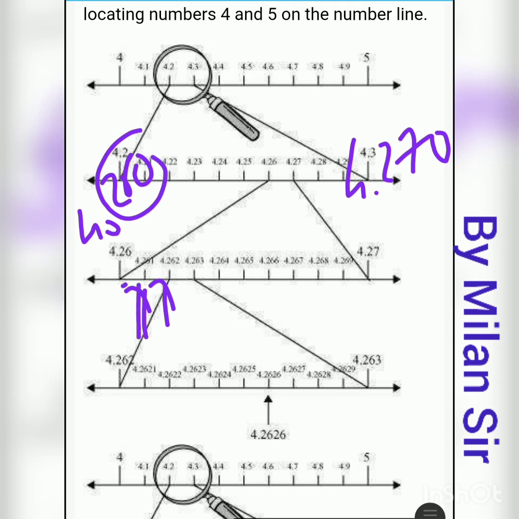So we have 4.261, 4.262, 4.263, 4.264, 4.265, 4.266, 4.267, 4.268, 4.269 and finally 4.27. Here we get 10 more decimal numbers.